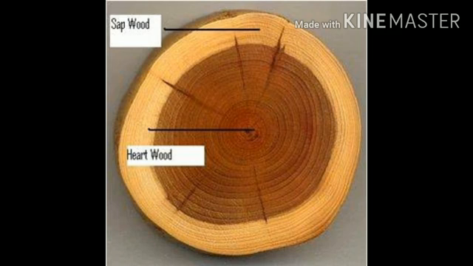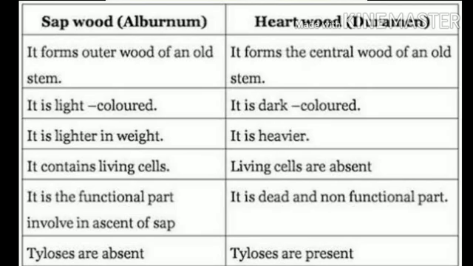Then if we consider the outer or peripheral wood, which is also known as sapwood, it does not contain any substances such as resins and tannins, and this wood contains living cells and therefore it helps in the conduction of water and minerals. The sapwood is also known as alburnum and the heartwood is also known as duramen.